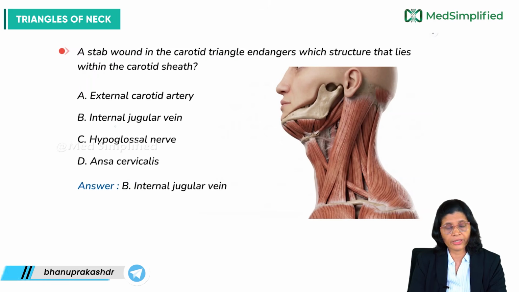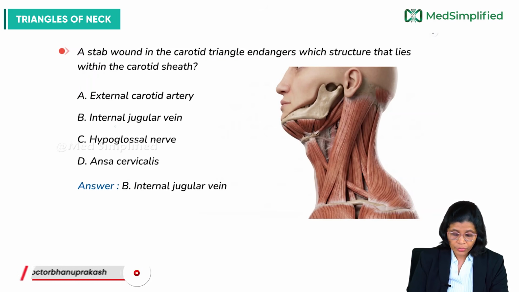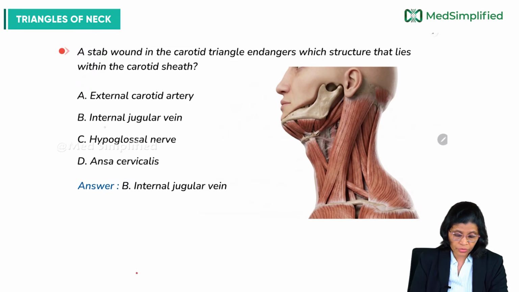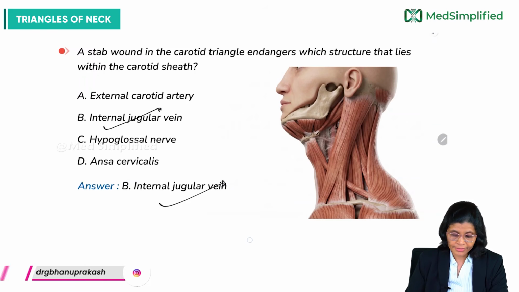The sheath is very thin around the vein, whereas around the arteries it is thick. So stab wounds usually go to the lateral side; generally when they hit and turn, the lateral most is affected. So we have the internal jugular vein as the likely answer.